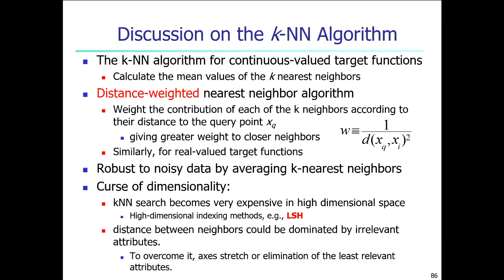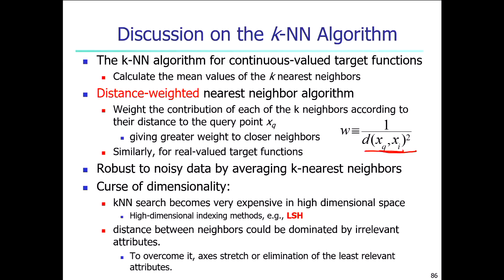Basically you get the k nearest neighbors, and according to their distance to the query, you assign different weights, and you can get a weighted label or a weighted value, depending on what kind of target function you are dealing with.